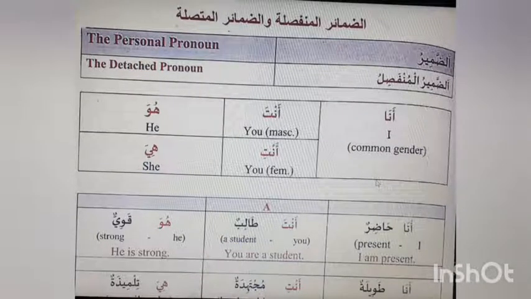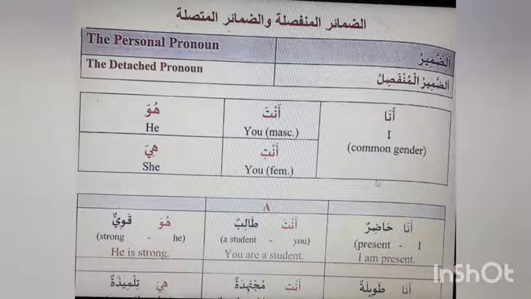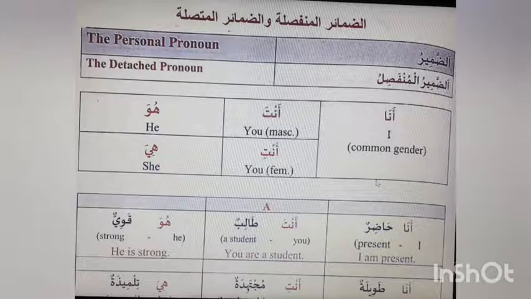See, ana is a zamir munfasil used for first person singular. Ana means I. There is no issue of gender. It is used for male and female both, masculine and feminine. Now, anta is used for second person masculine, and you will be its translation.